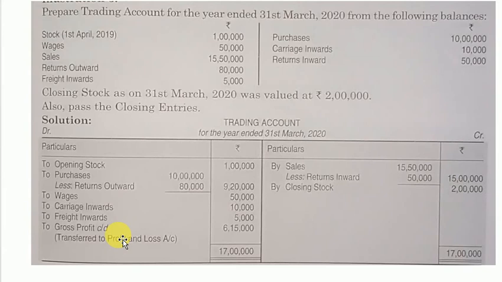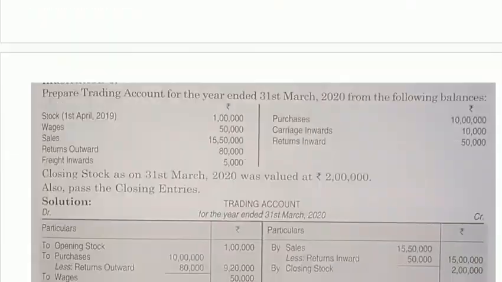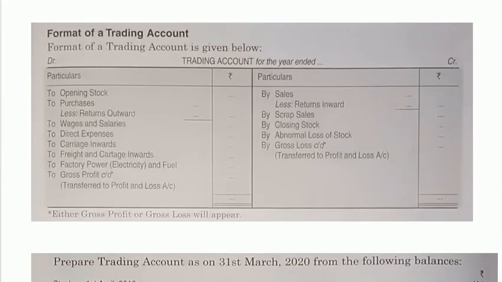I hope you have understood the concept of the trading account, as in our previous classes we had already discussed the format of the trading account. As you can see, this is the format. You should be very clear that in the trading account we record all direct expenses and all direct incomes of your organization. That means whatever the factory expenses or manufacturing expenses, those we can record in your trading account.